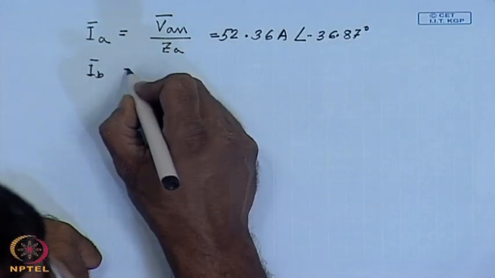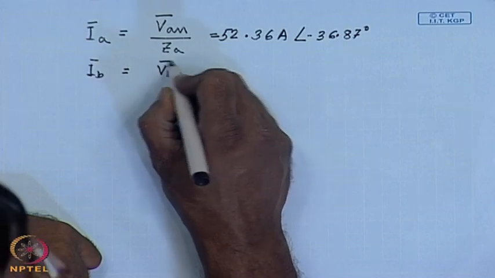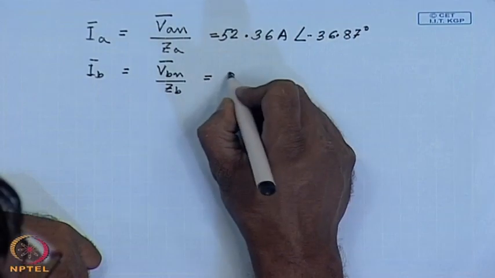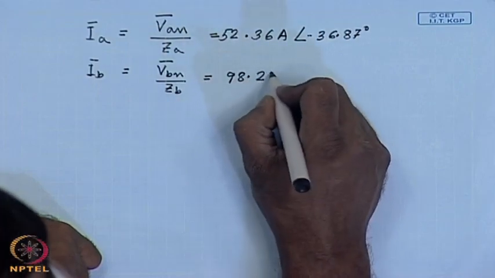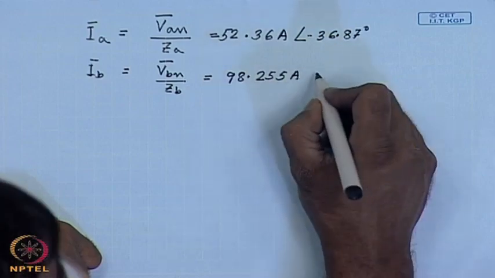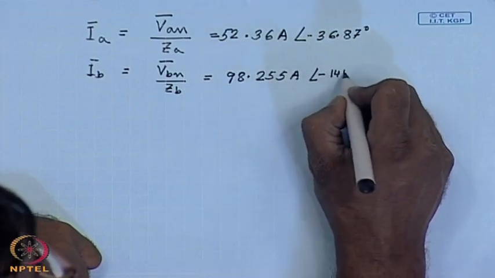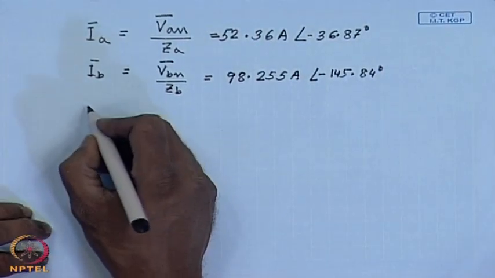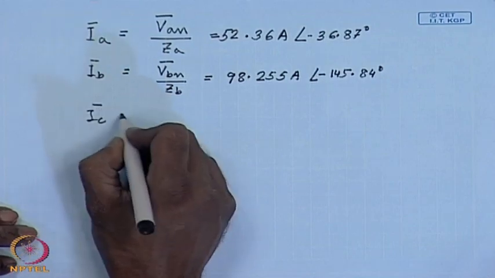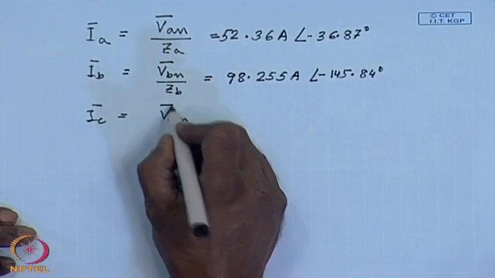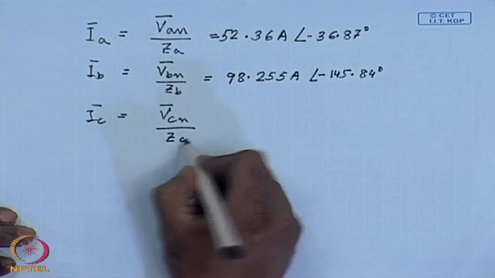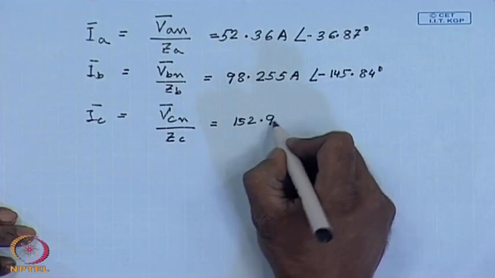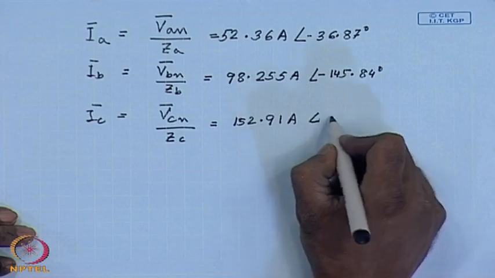IB equal to VBN by ZB equal to 98.255 amperes angle minus 145.84 degrees. IC equal to VCN by ZC equal to 152.91 amperes angle of 120 degrees.